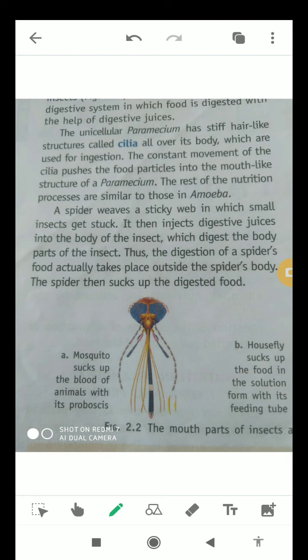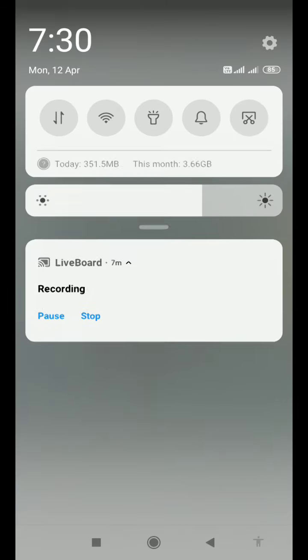Thus, the digestion of the spider's food actually takes place outside the spider's body. The spider then sucks up the digested food. Mosquito also sucks up the blood of animals with its proboscis. As you can see, the proboscis is the main structure of the mosquito, through which it sucks up the blood from humans.